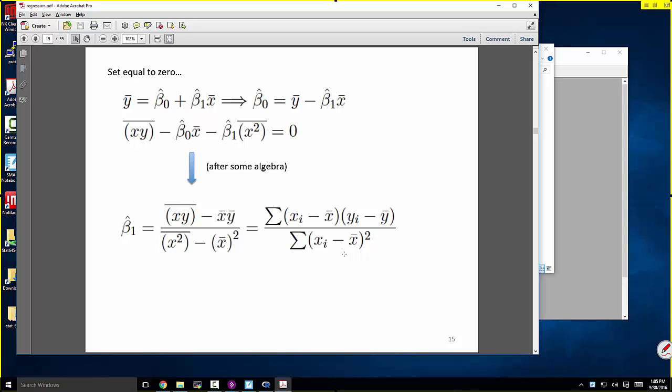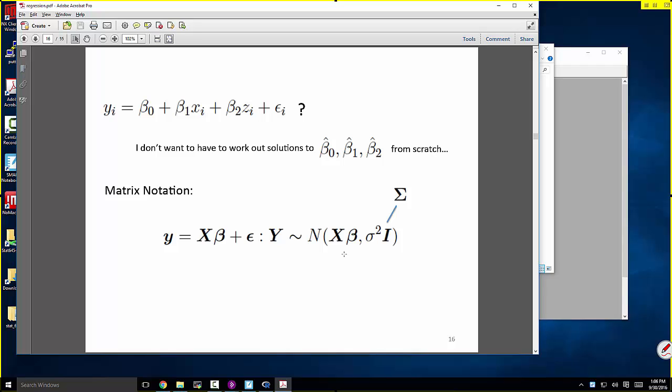If the x's are all over the place, then beta 1 hat gets shrunken towards 0. Whereas if they're not, beta 1 hat increases. So the value of beta 1 hat represents the correlation between x and y, but it's a scaled version of that. The slope of a regression line is related to the correlation between the y and the x.